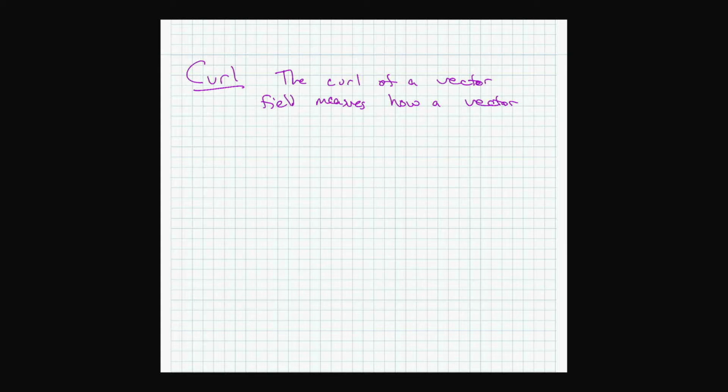Actually, that's not quite what it measures. The curl of a vector field measures how, let's say, an object sitting at a point would want to spin.